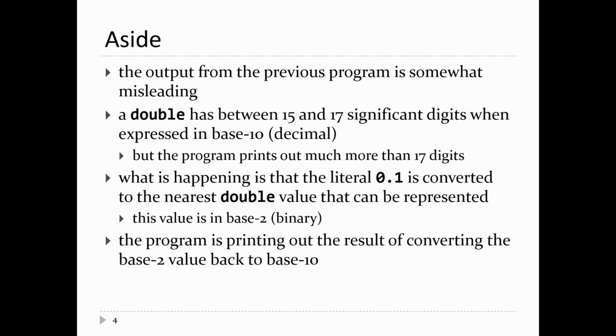When I print out all of its digits, the computer has to convert the base 2 number back to base 10. When it does that conversion, it can compute more than 15 to 17 significant digits, which is why it prints out many more digits. Underneath the hood, though, you really only have between 15 and 17 significant digits.